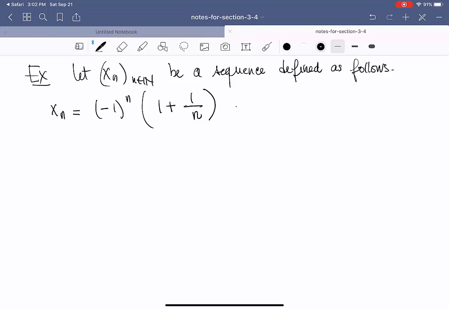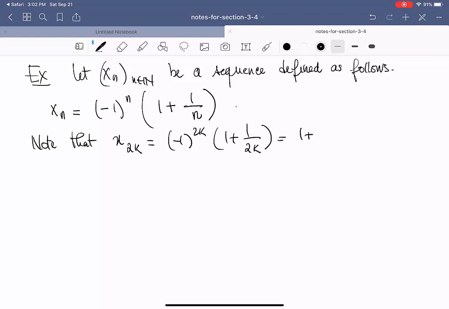Then note that x2k is going to be 1 plus 1 over 2k. I guess we can rewrite this as 2k plus 1 over 2k.